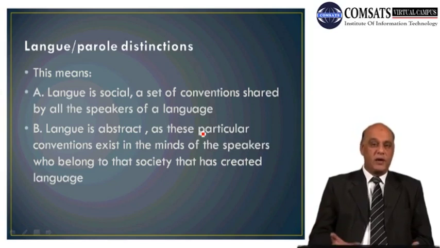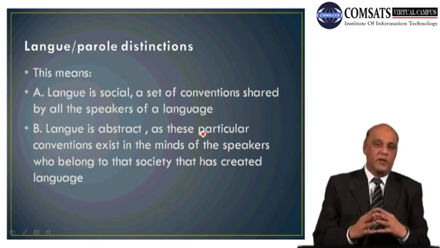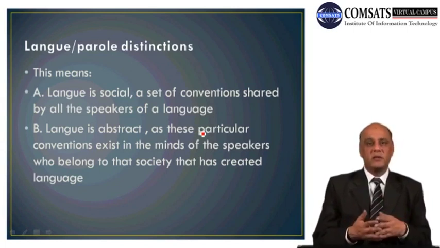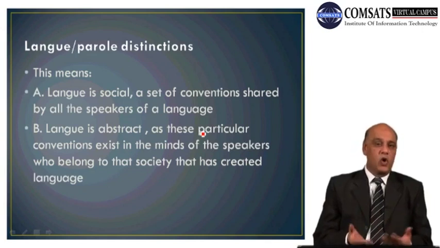All the speakers agree upon those rules, those conventions, living in a certain community, a certain country, a certain class, a certain society. They agree upon that set of conventions, and that set of conventions is basically called langue.